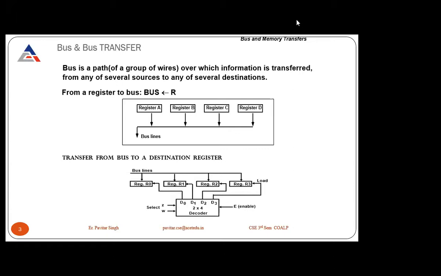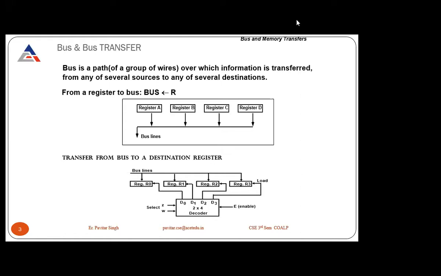For example, here some registers are connected, written as R0, R1, R2 and R3.